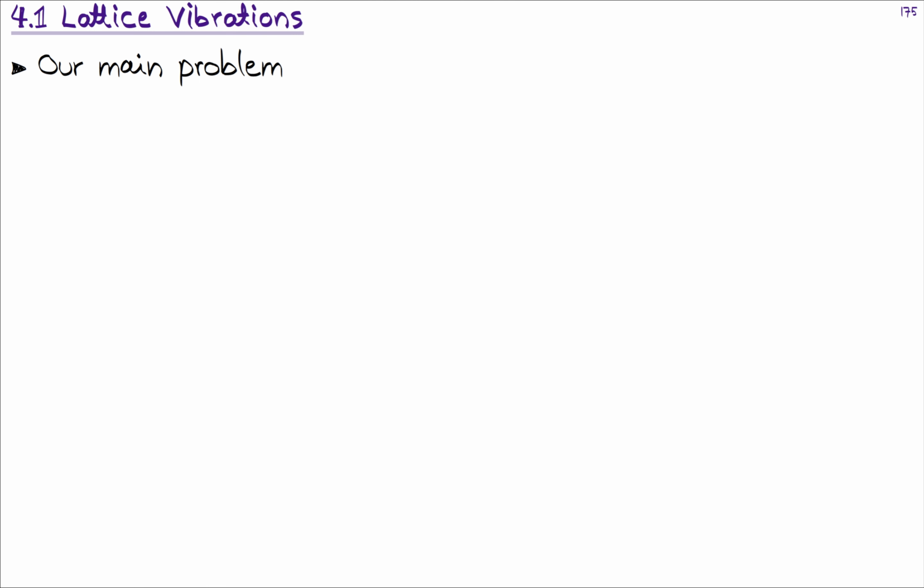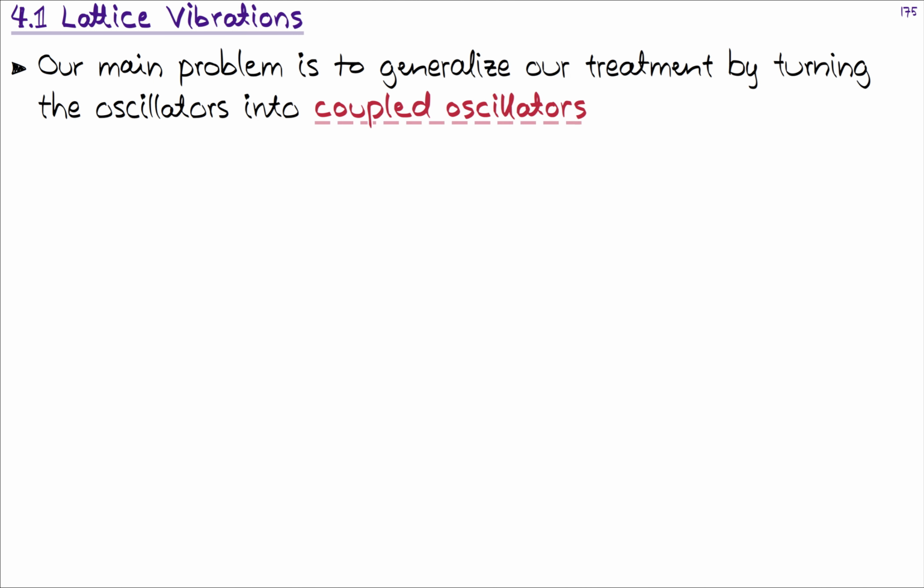So the main problem that we will be dealing with here in 4.1 is that we need to somehow generalize our treatment. What we need to do is first of all understand how one harmonic oscillator behaves, and then we must understand what happens when we let these different oscillators be coupled together. So in fact, when a single atom is oscillating or moving around in the crystalline material, the nearby atoms also feel this change.